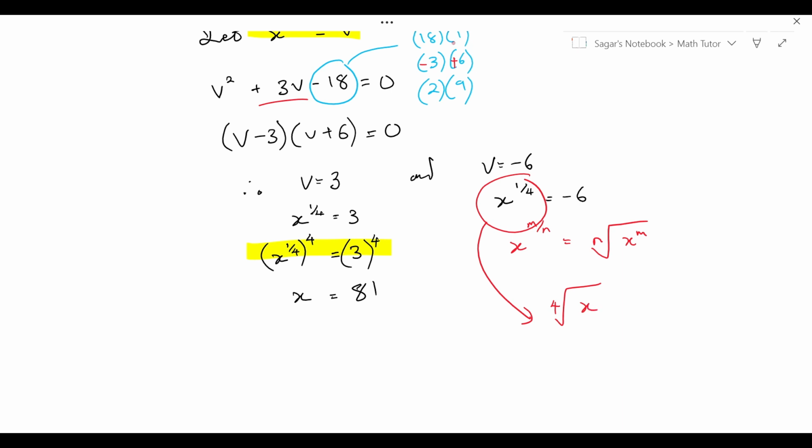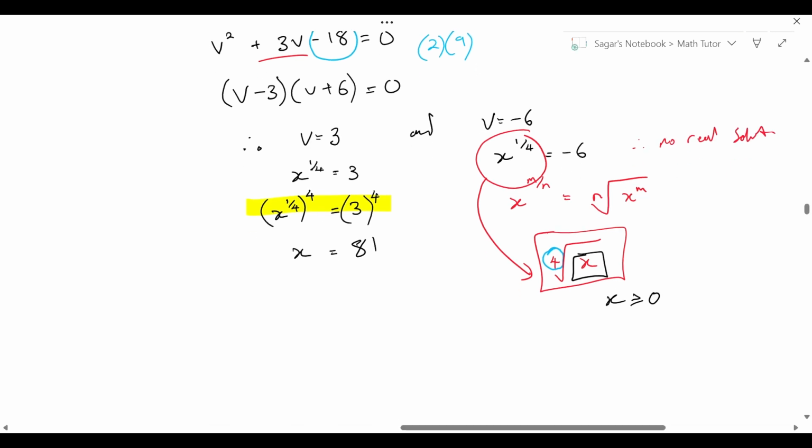And we know that since the root term is an even number, whatever is in the root needs to be greater than or equal to 0 in order to get a real solution. So whatever value of x we have, this term cannot be negative. Therefore, there is no real solution, only imaginary ones.